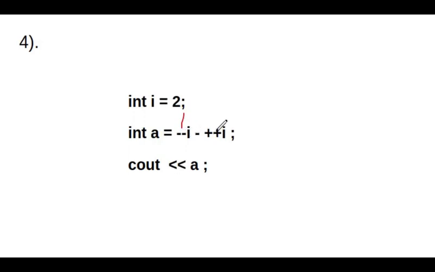So we have to increment the value first, which will become 2, and then assign at all the places where the pre-increment operator is used, and then we evaluate the result, which becomes 0. So the final result that will get printed as the value of a is 0. Let's check the output of this program.